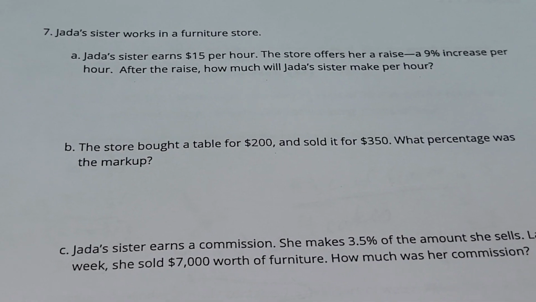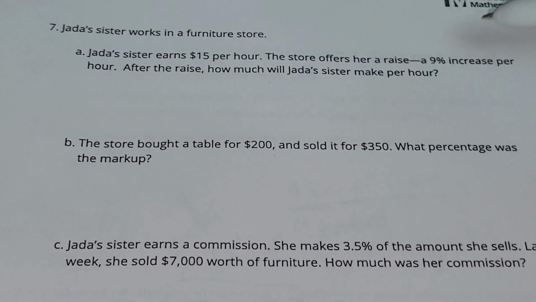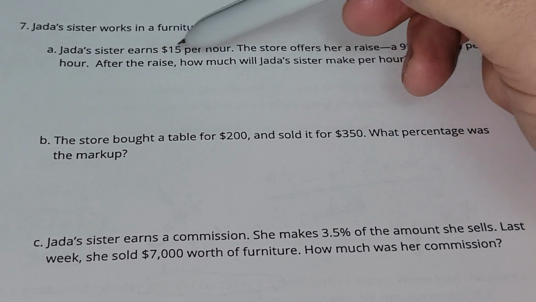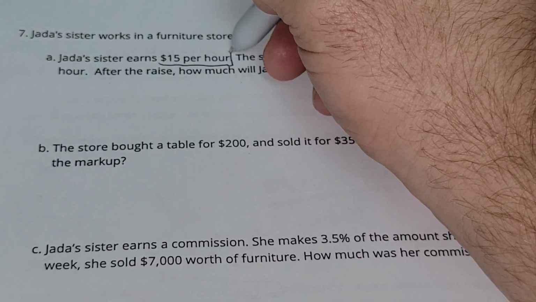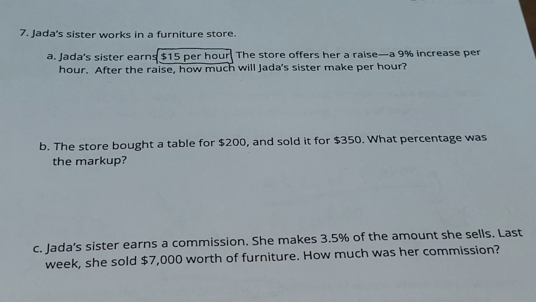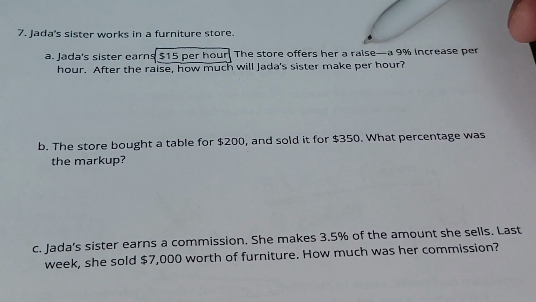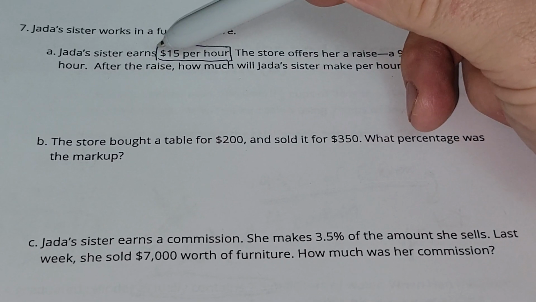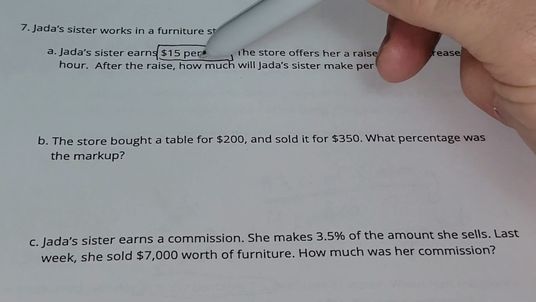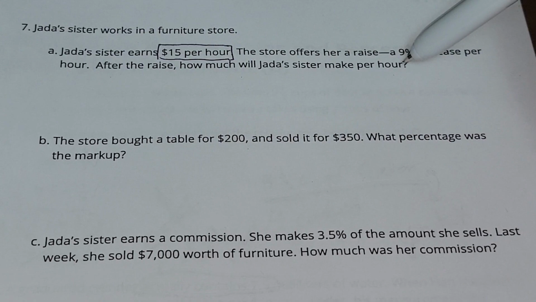All right. Jada's sister works in a furniture store. Yay, Jada's sister. She earns $15 per hour. Draw attention to that. Sounds like some sort of rate I'm going to need to know. The store offers her a raise, a 9% increase per hour. Okay. After the raise, how much will Jada's sister make per hour?